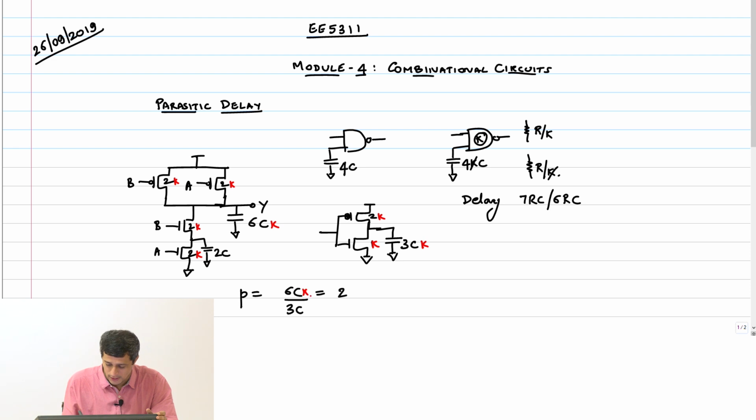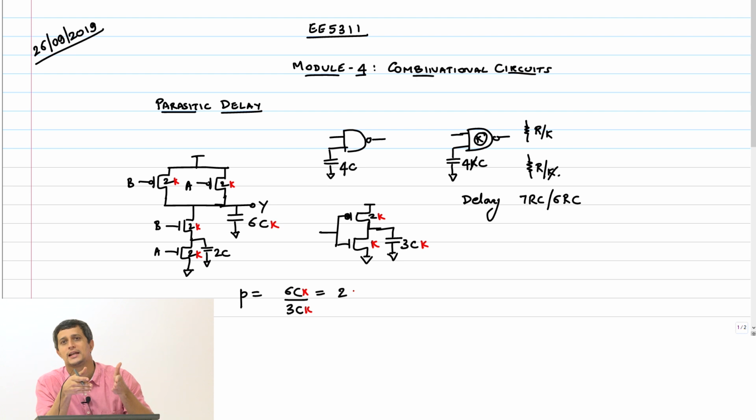Then it will become 3KC by KC, and you will still get 2 as the answer. The bottom line is, if I scale the transistors by the same amount, delay should not change. So when you are doing this normalized delay calculation, it has to be done with reference to the inverter which provides the same drive strength as the device at hand.